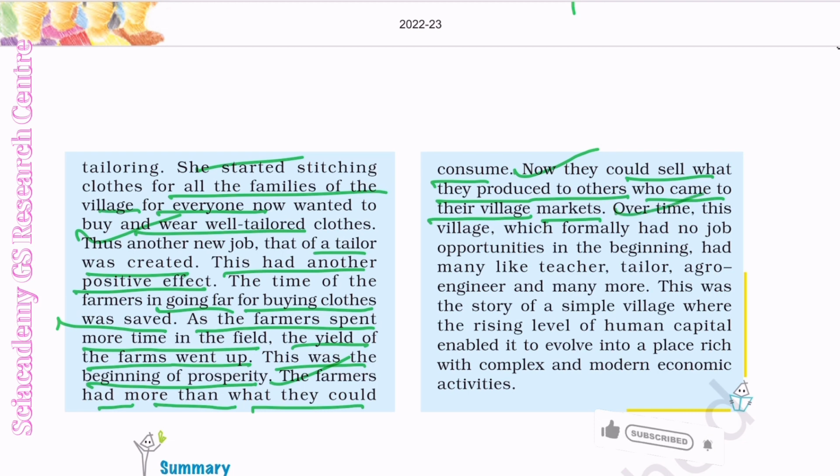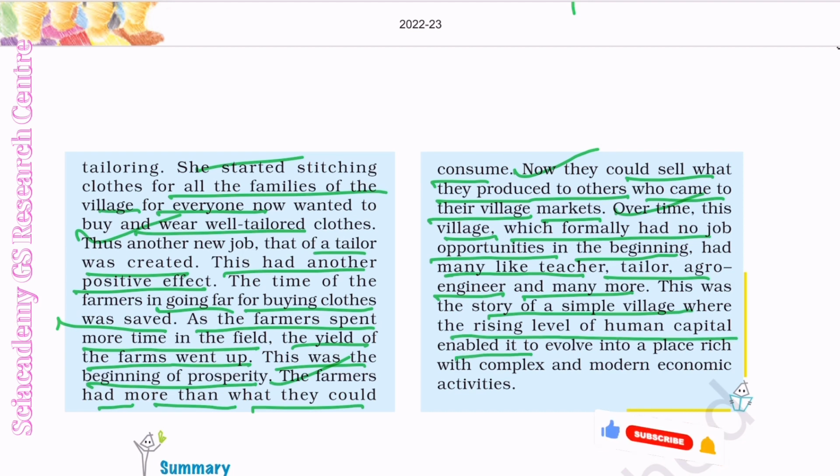Over time, this village, which formerly had no job opportunities in the beginning, had many like teacher, tailor, agro-engineer, and many more. This was the story of a simple village where the rising level of human capital enabled it to evolve into a place rich with complex and modern economic activities.